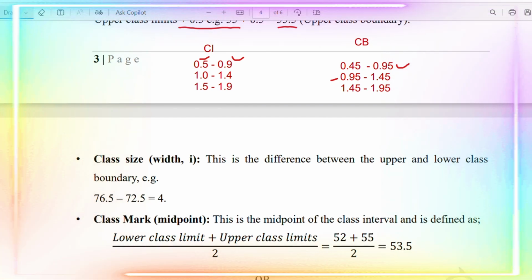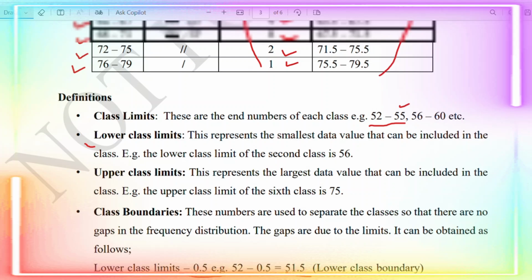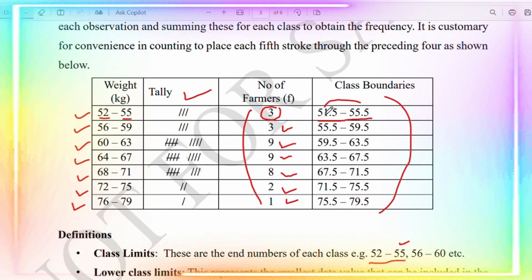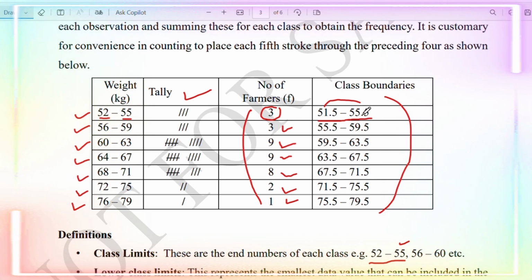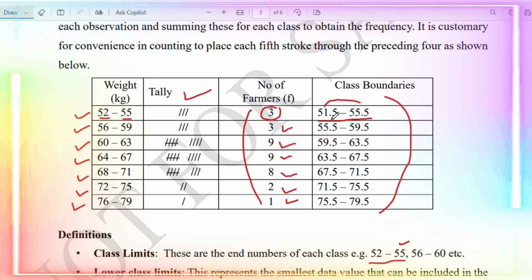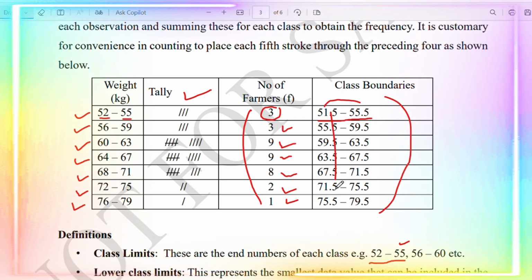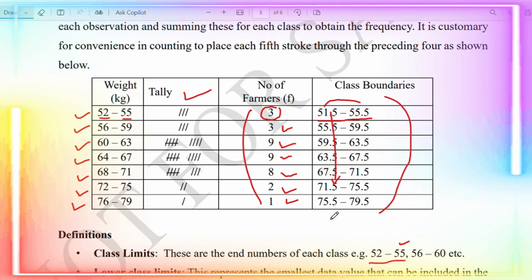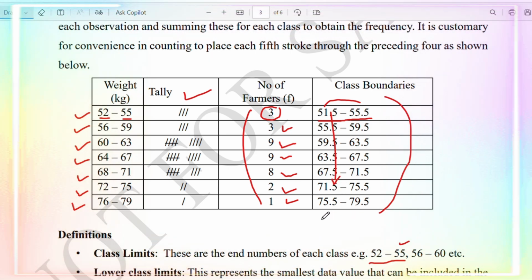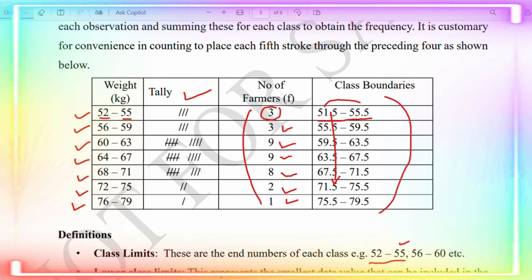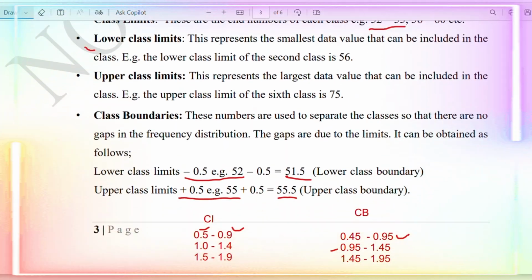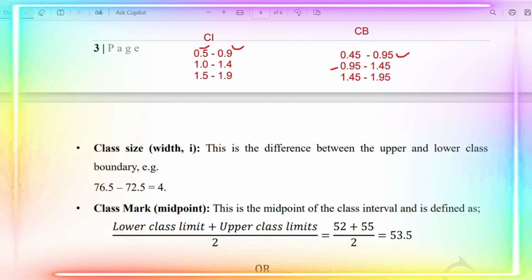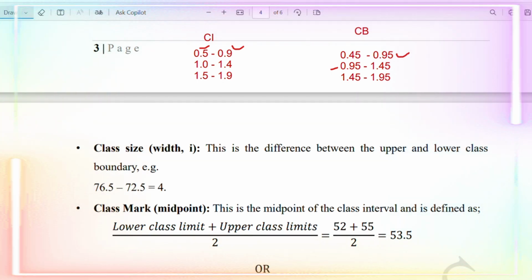Take for example, 55.5 minus 51.5 will give you 4. Any of the classes you choose will give you 4. For example, 79.5 minus 75.5 will give you 4. So the difference between the upper class boundary and the lower class boundary will give you the class size.